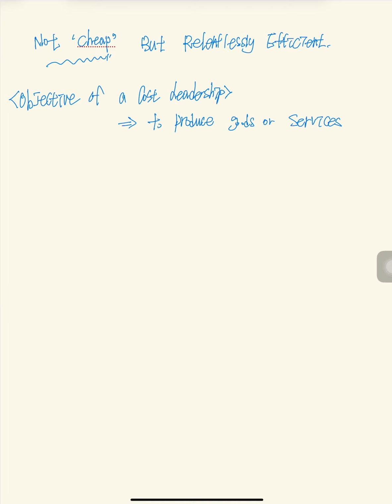This is a very important key concept, because many students, many people hear cost leadership and think that being cheap and cutting the cost is the most important thing. Of course these key terms are also important, but the most important point is to produce goods or services.